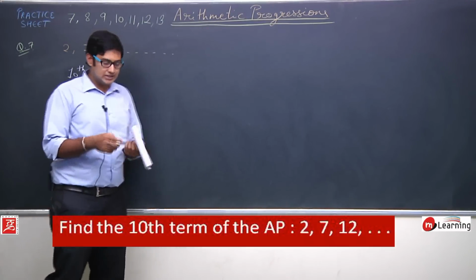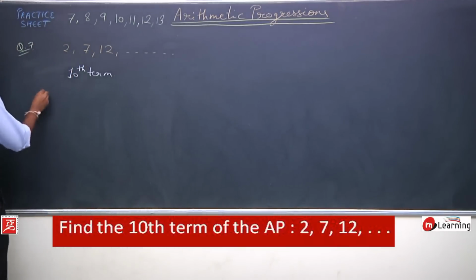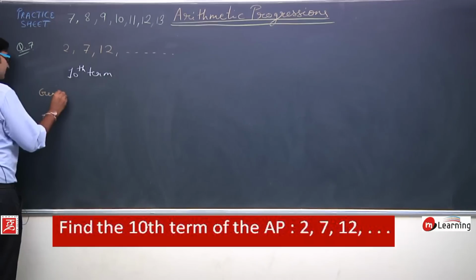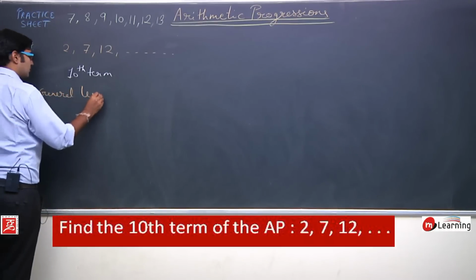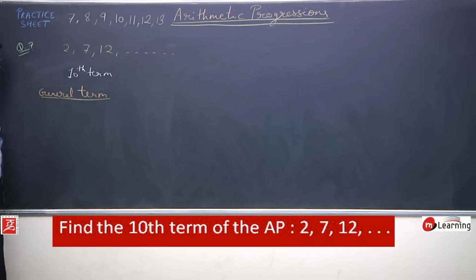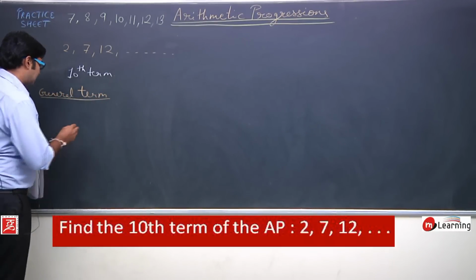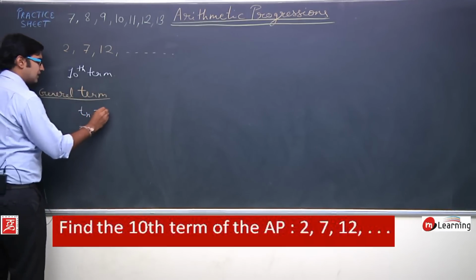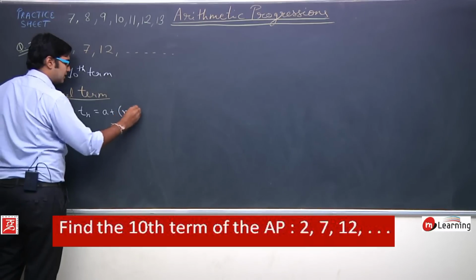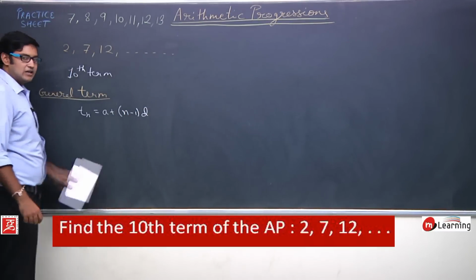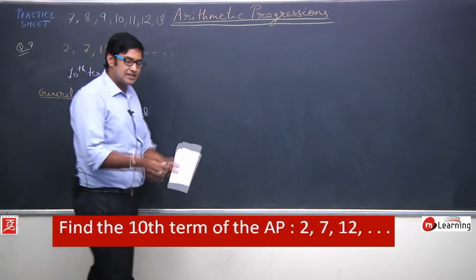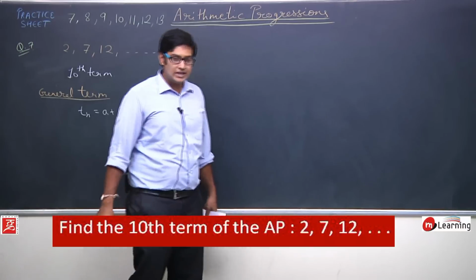That another method is the simple method of general term. Now, general term of an AP is Tn, which is A plus (n minus 1) D. This term represents each and every term of any AP.